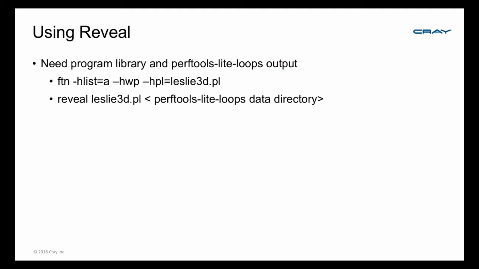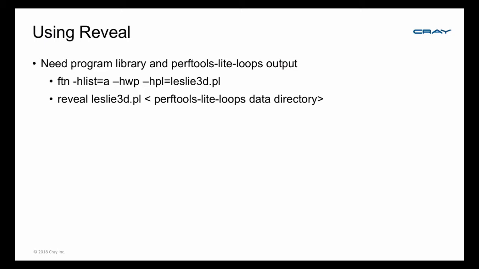Okay, now, so that information, we're going to take that information and we're going to feed it into Reveal. Now, in order to use Reveal, you have to generate a program library. And this enables Reveal to do whole program analysis, which is basically able to scope loops that contain subroutines and functions.